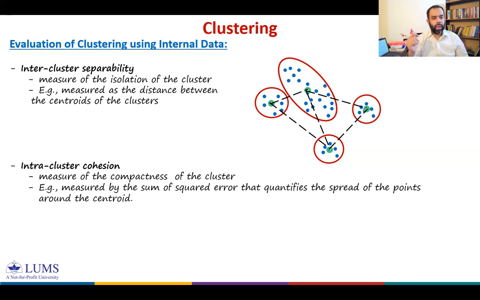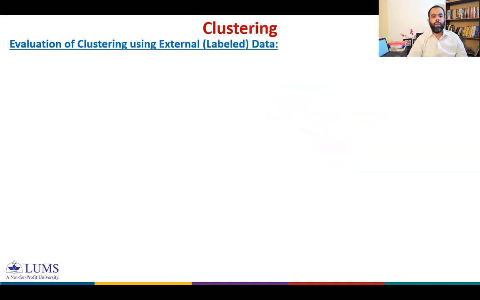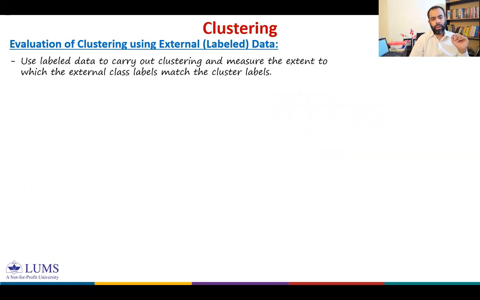Okay, so these are the two measures which we use to evaluate the performance of clustering using internal data, because here we're using the data we have used for forming these clusters. Alternatively, we can evaluate performance of clustering using external data. So the idea is we use label data to carry out clustering, and we measure the extent to which the external class labels match the cluster labels.